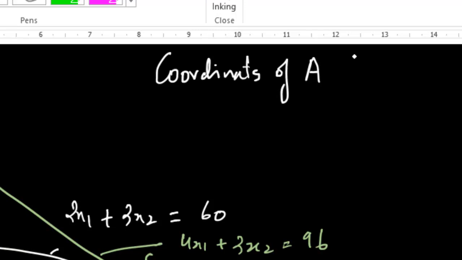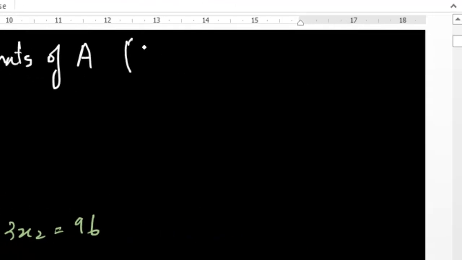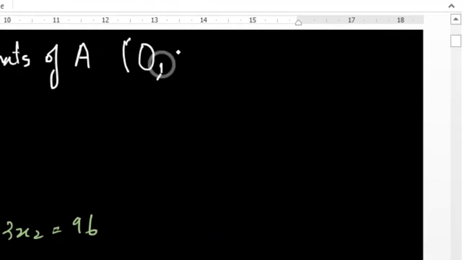Mind it, when you write the coordinates, you have to first write x1, then x2. So at point A, what's x1? 0. What's x2? 0. So the coordinates for point A are 0 and 0. Now the coordinates for point B over here. x1 is how much? 0. x2 is 20.